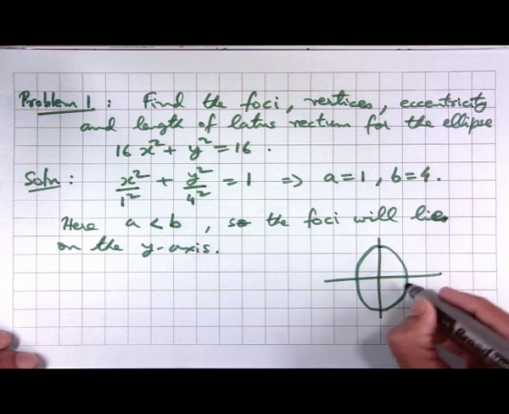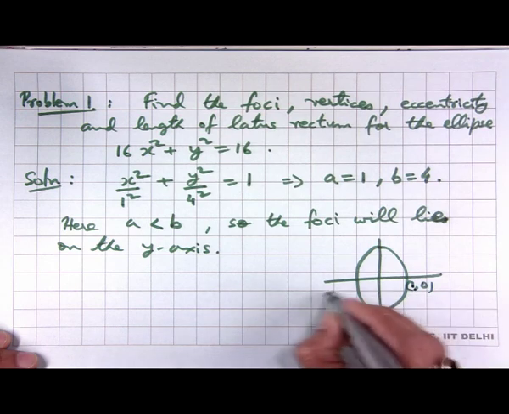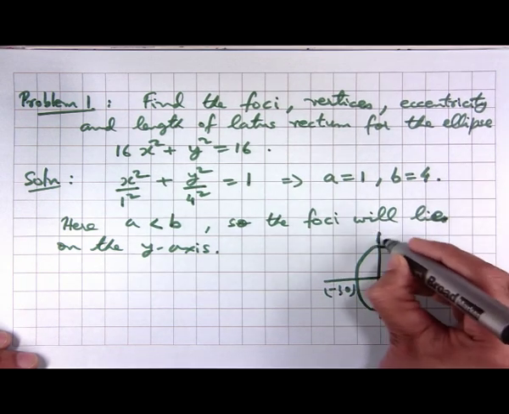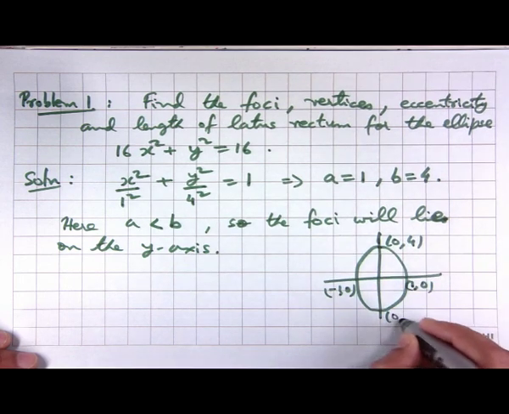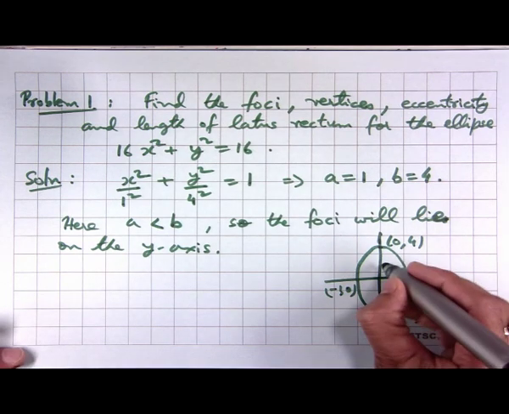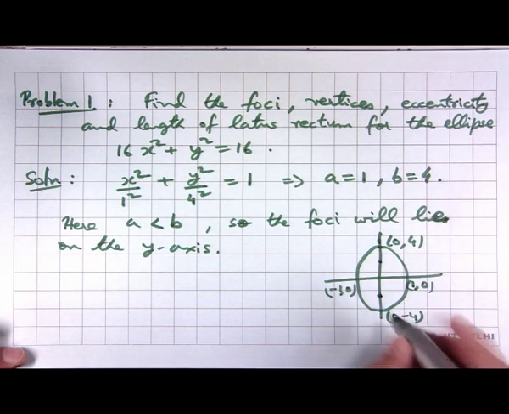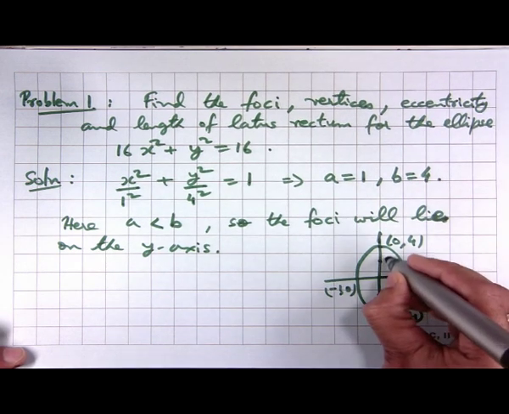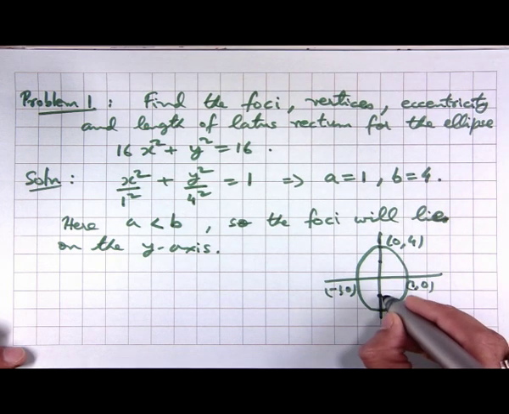So, we have this is (1, 0), (-1, 0), (0, 4) and (0, -4). So, the foci in this case will be on the y axis. So, this will be F1 and F2.